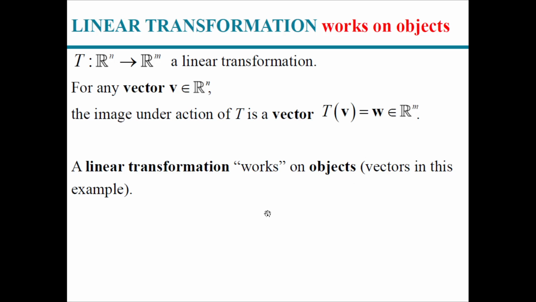Again, this is super important to remember that linear transformation works on objects. So if we have a linear transformation from Rn to Rm, those are vectors.